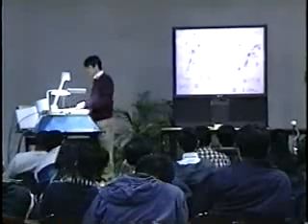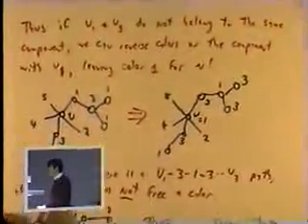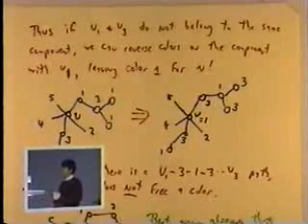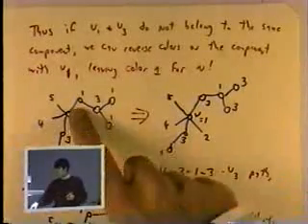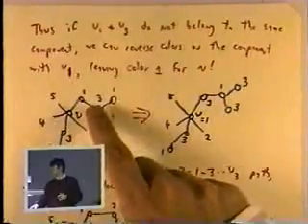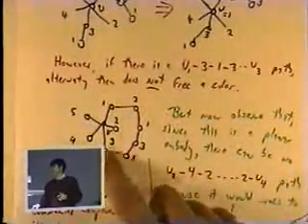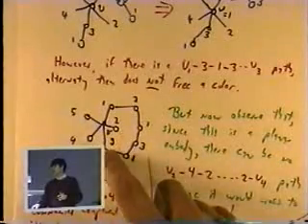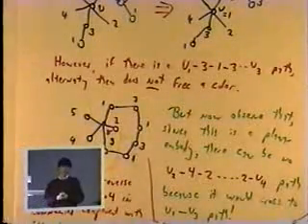How can I solve this problem? Well, we agree if V1 and V3 do not belong to the same component, then we can reverse one of the colors and free up one of the colors. The only trouble we get into is if, in fact, there is a cycle, or that these are in the same connected component, right?